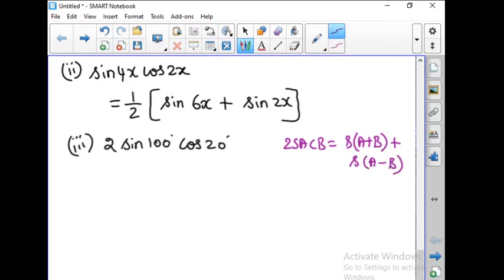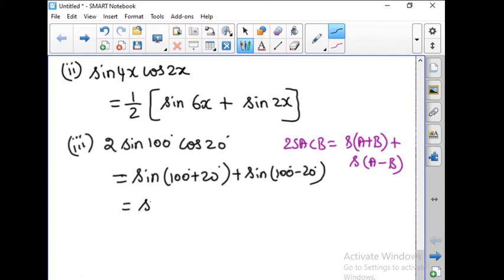So we can write this as sin of 100 plus 20 plus sin of 100 minus 20. So your answer is sin 120 degree plus sin 80 degree.